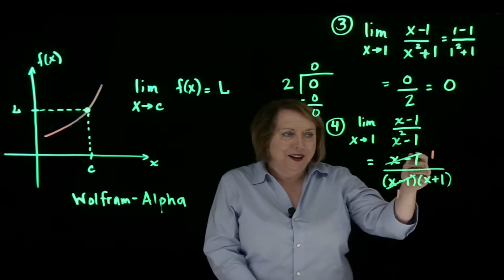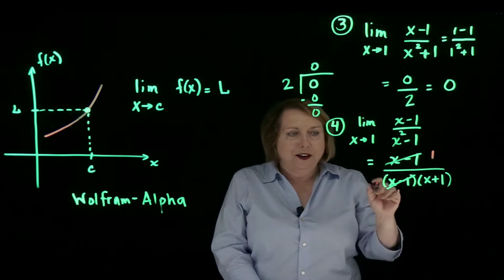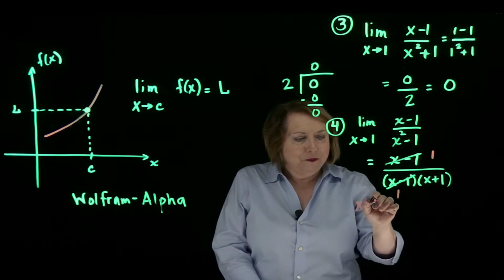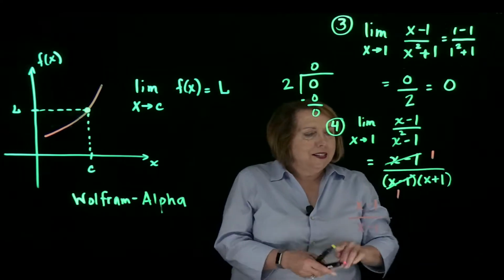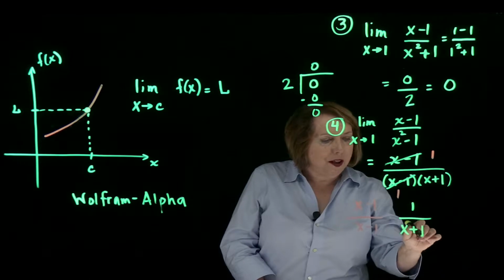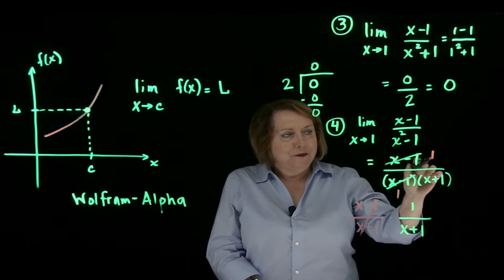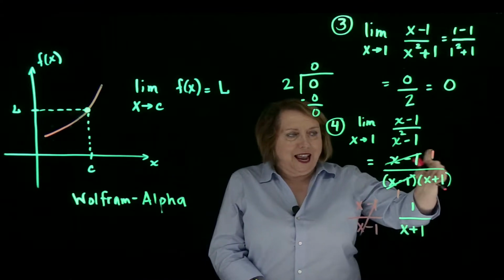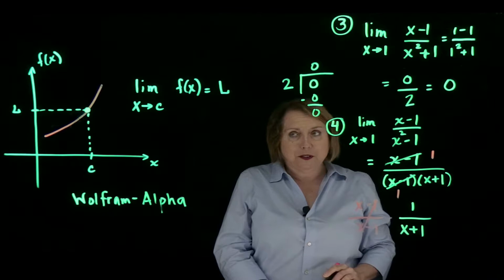What you're doing here in shortcut is you're factoring out a factor of x minus 1 from the numerator and from the denominator. And it's leaving you with a 1 divided by x plus 1. Watch out for that because it can be tempting to think that the answer here is x plus 1, but it's not. It's 1 over x plus 1.